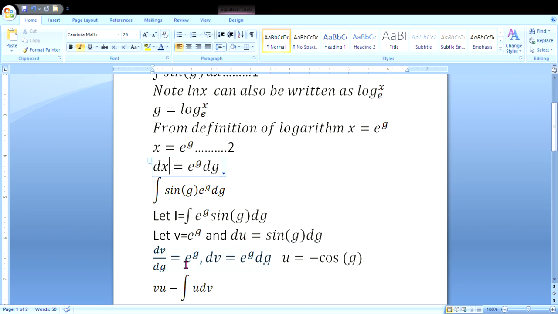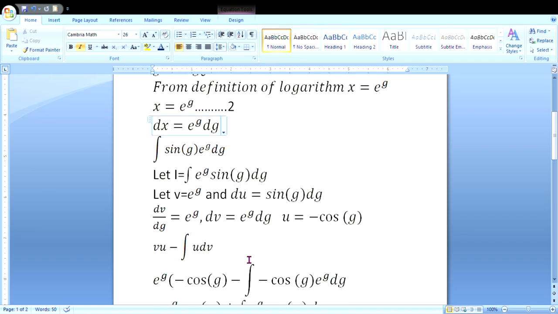To obtain du, we differentiate u with respect to g, and this becomes du over dg is equal to exponential g, so that du is equal to exponential g dg. Then to obtain v, we integrate both sides of dv, and the integral of sine g is minus cos g.